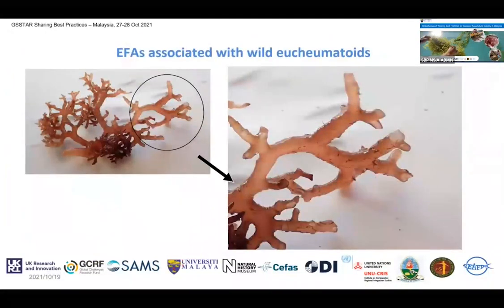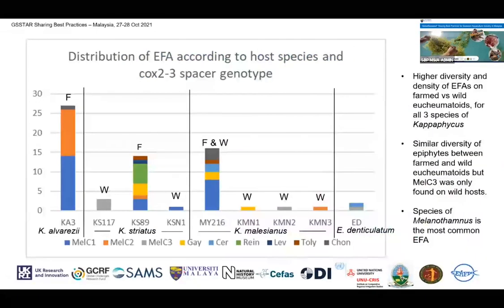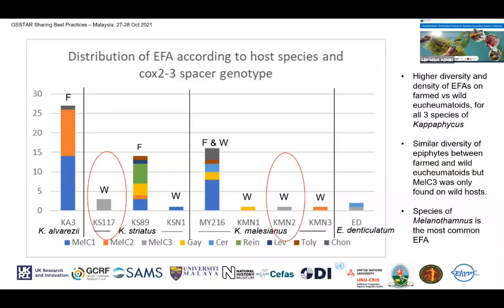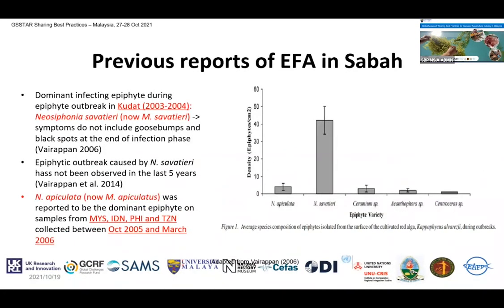EFAs are also found on wild eucheumatoids, although the diversity and density are less compared to their farm counterparts. We observe similar diversity of epiphytes between the farm and the wild eucheumatoids, but one of the epiphytes was only found on a wild host. The results of this study differ from those reported between 2003 and 2006, whereby the dominant EFA reported were Melanothamnus sabatieri and Melanothamnus apiculatus.